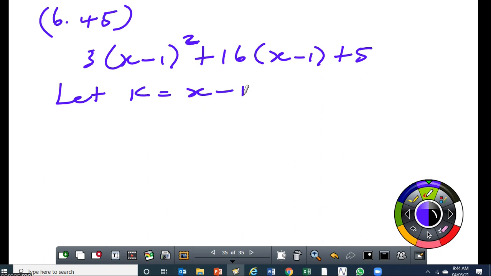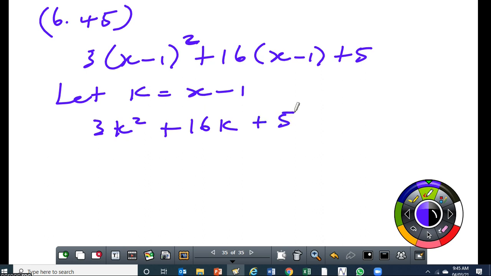Once we say let k equal to x minus 1, it means where there is x minus 1, we'll put k there. If we do that, we are going to end up having a trinomial that you are familiar with. So that will be 3k squared plus 16k plus 5.